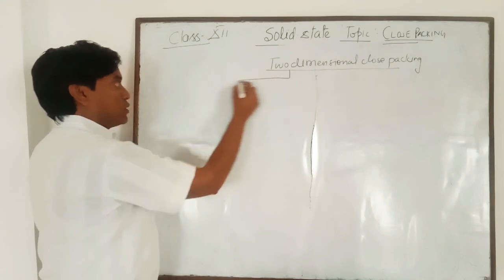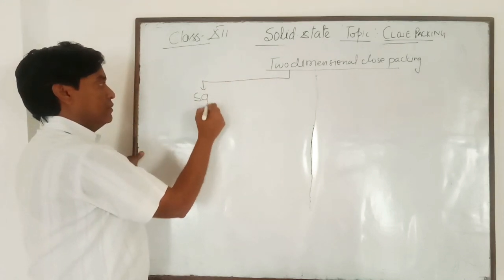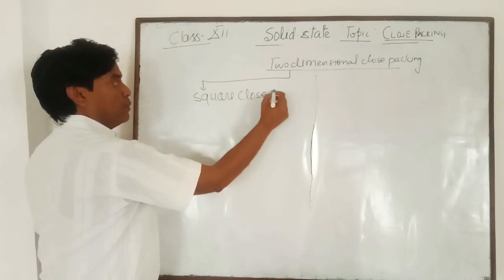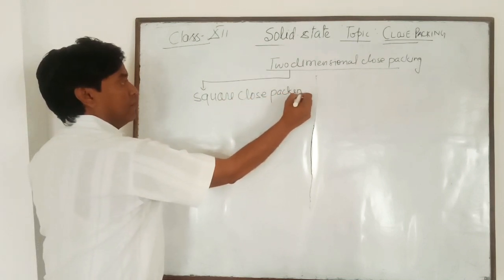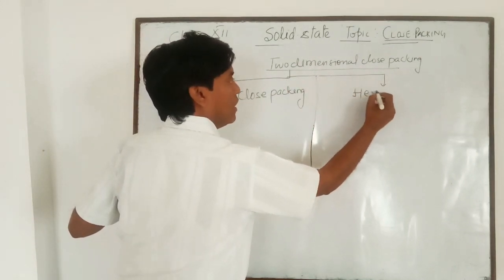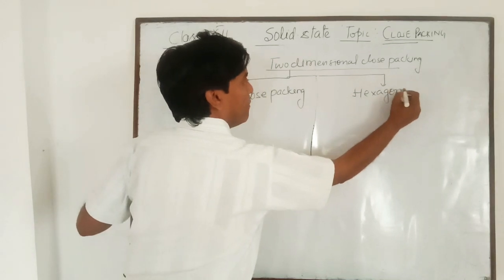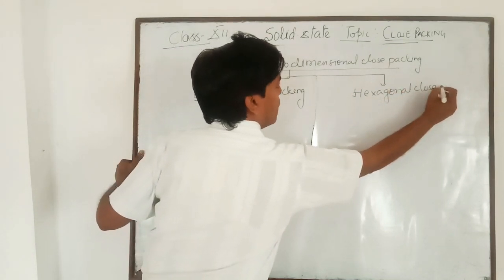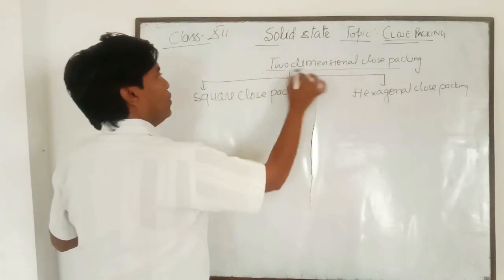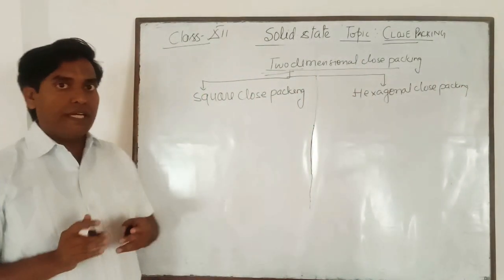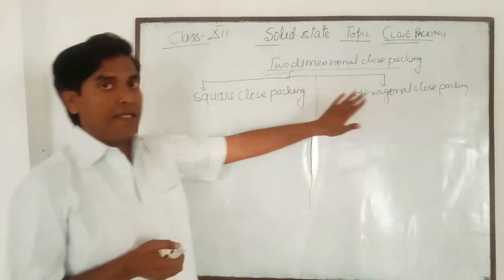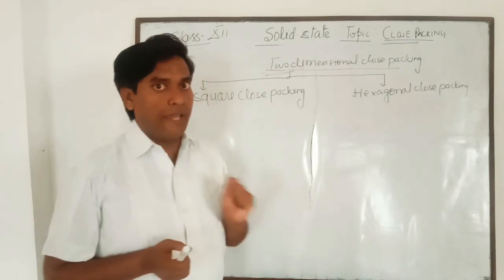One is square closed packing, and second is hexagonal closed packing. So in two dimensions, the closed packing proceeds in two ways: square closed packing and hexagonal closed packing.